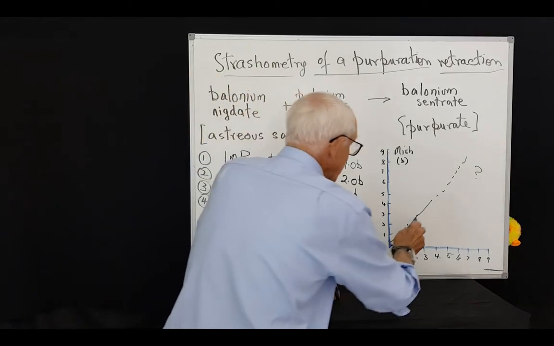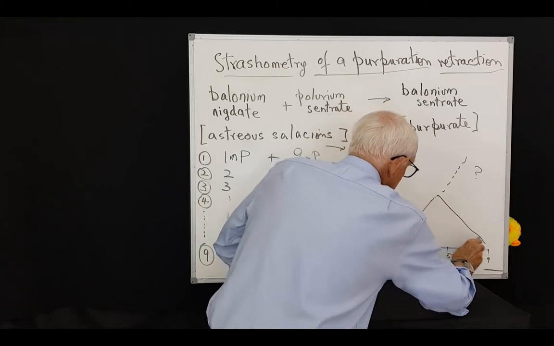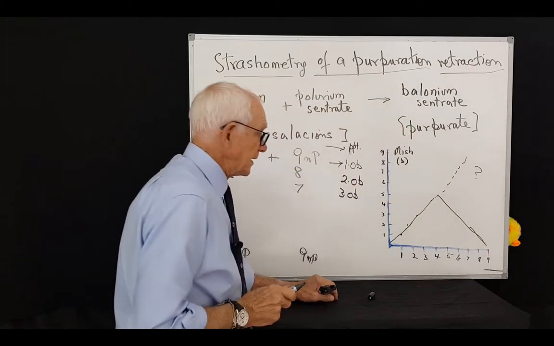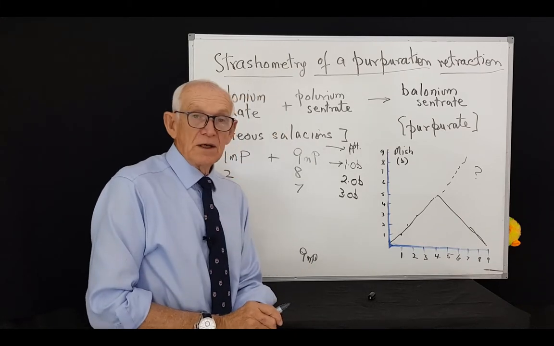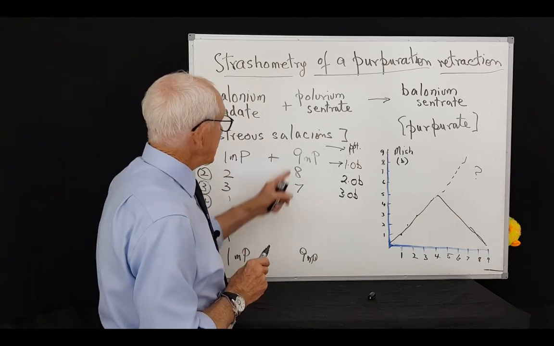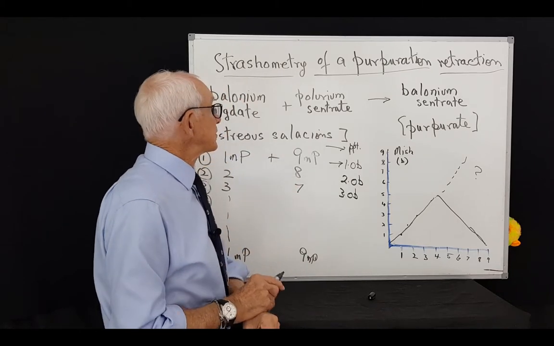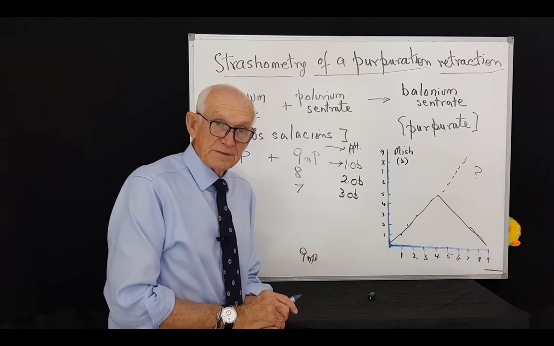So we'll come to some point where, beyond that point, there'll be a distortionality, a decrease of the mish of purpurate as the number of mules of polonium centrate decreases.